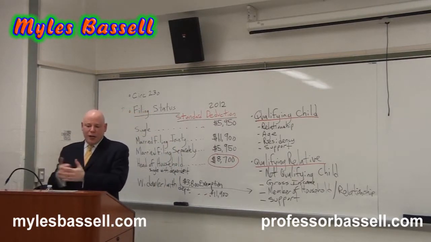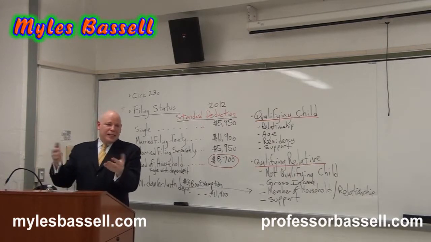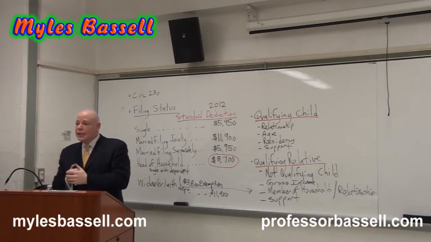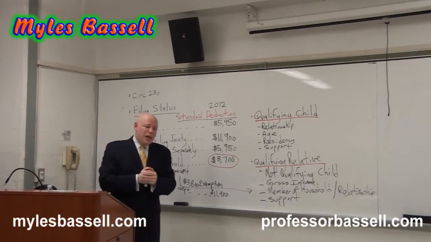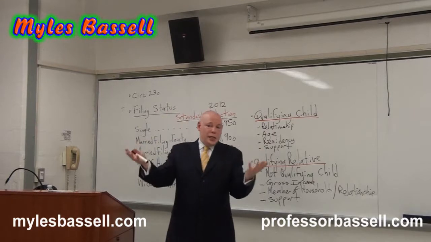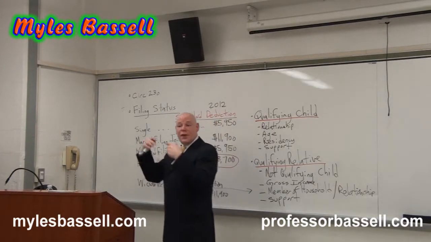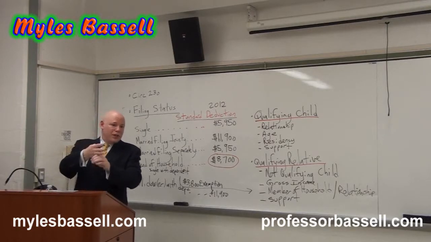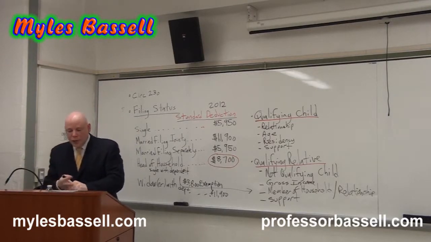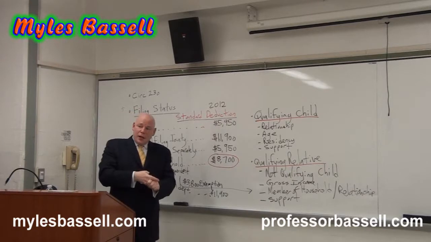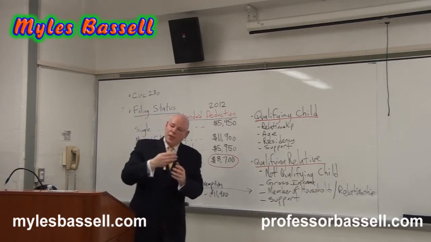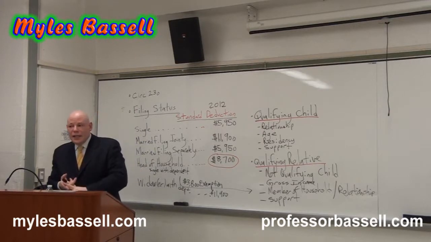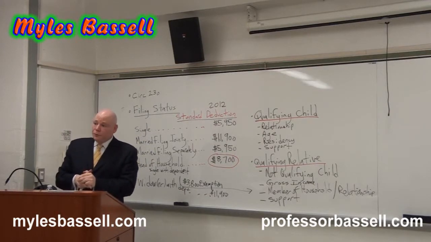So if they have a green card, they're a permanent resident of the United States, they're a resident alien, then they might be eligible to be our dependent. Or if they're a U.S. citizen, certainly. Or even if they're not a U.S. citizen, but they're a U.S. resident alien, they might be eligible. Or they're a U.S. national, which is what Camille is bringing to our attention. And even if they're a resident of Canada or Mexico.